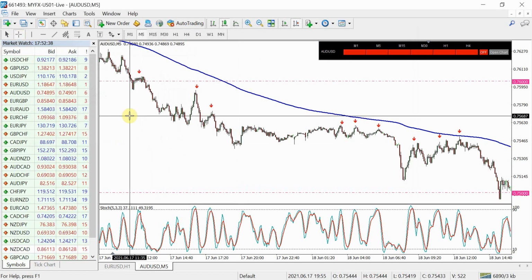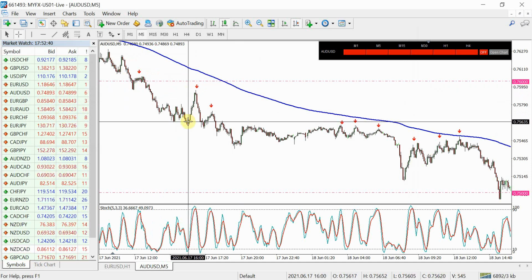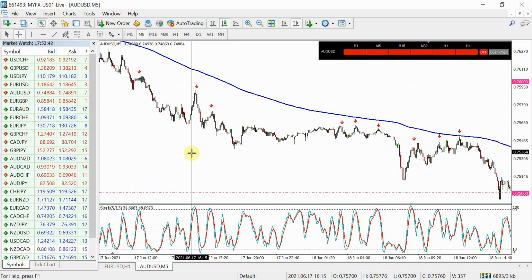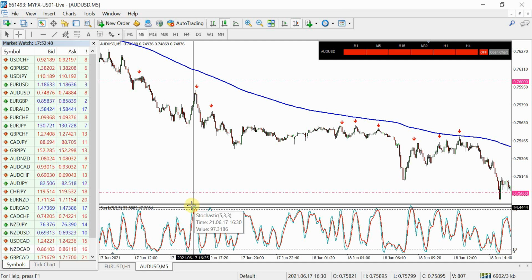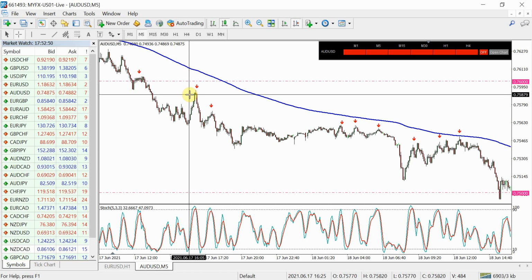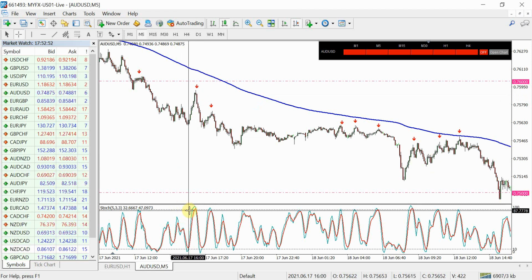So that's the signal. The way it kind of works is, we'll take this one here because this is a nice example. When price goes above, in this example, into overbought territory, the indicator signals itself to start watching the price.